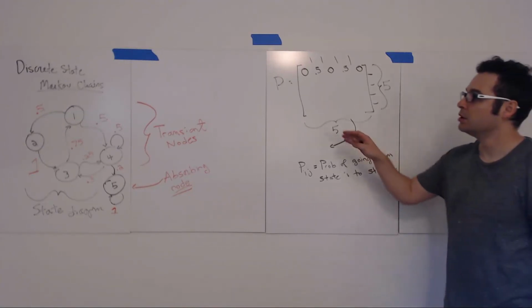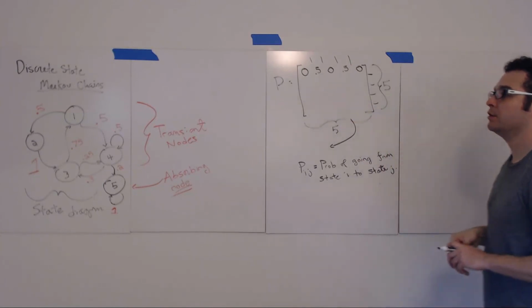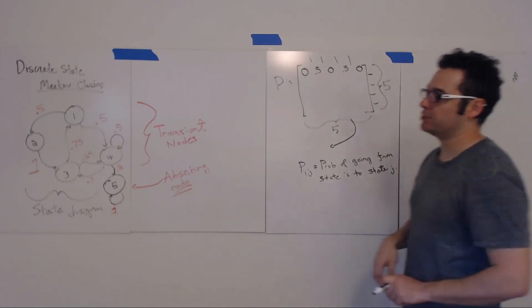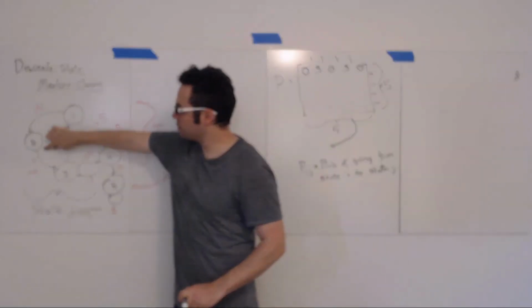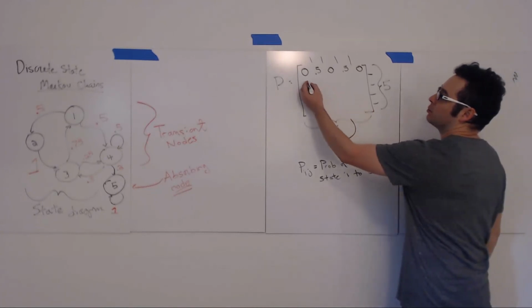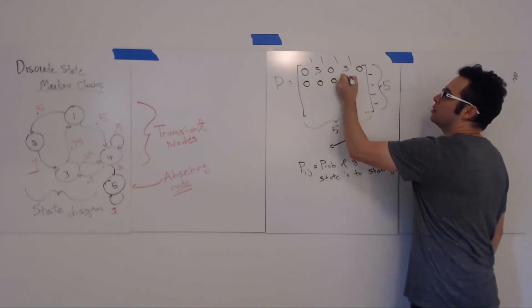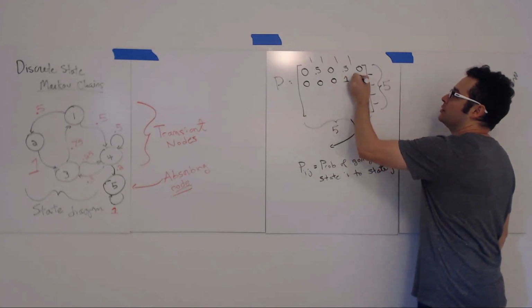Next, we can do the transition probabilities for state 2. State 2 only goes to state 3. And so when we fill in this row, we're going to get 0, 0, 0, 1, and 0.